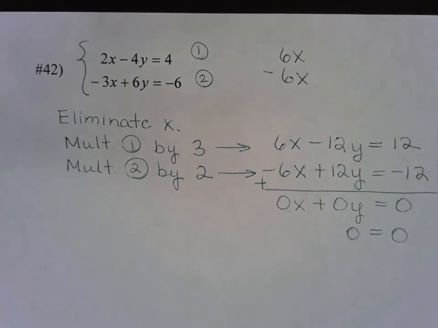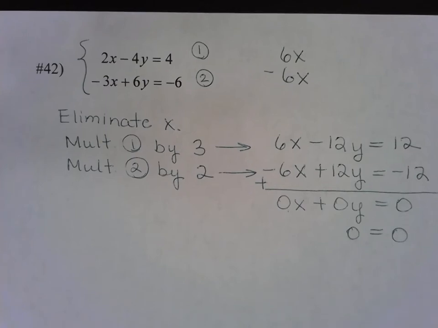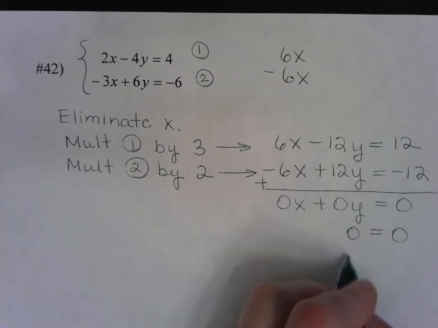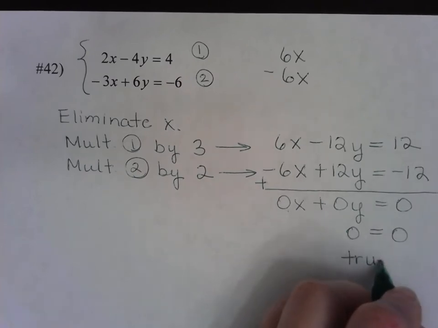Okay, so if this happens, if your variables drop out, and it can happen with both elimination or substitution, then you want to look at what's left, right? Do I have a true statement or do I have a false statement? In this case, we have a true statement.